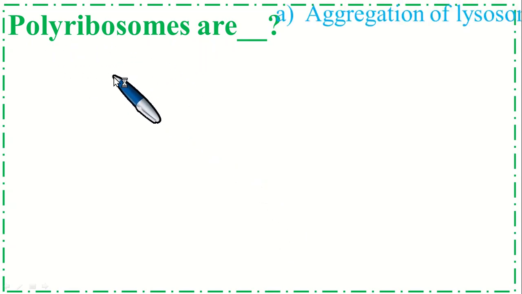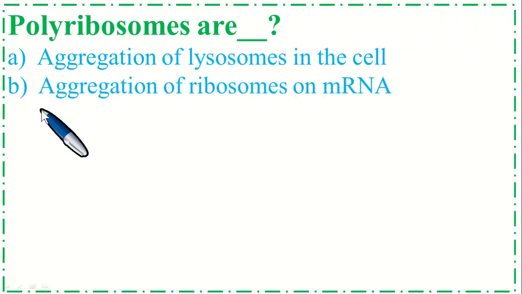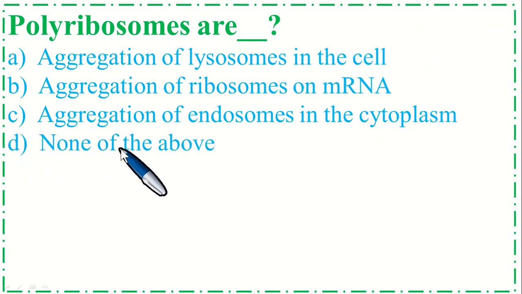Polyribosomes are option A, aggregation of lysosomes in the cell, B, aggregation of ribosomes on mRNA, option C, aggregation of endosomes in the cytoplasm, and option D, none of the above.